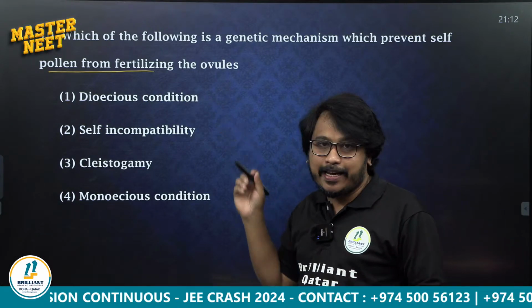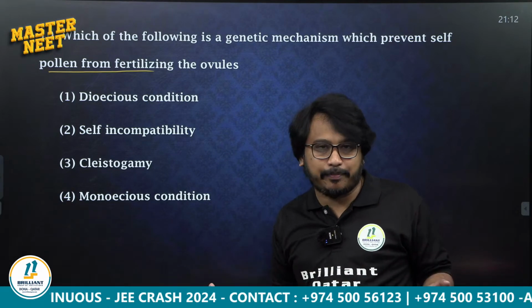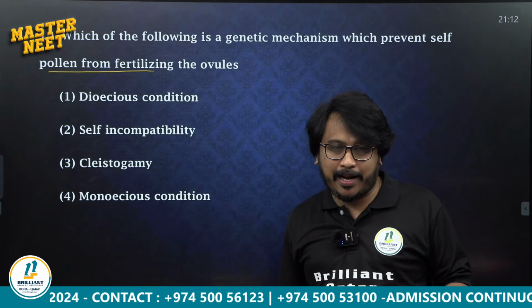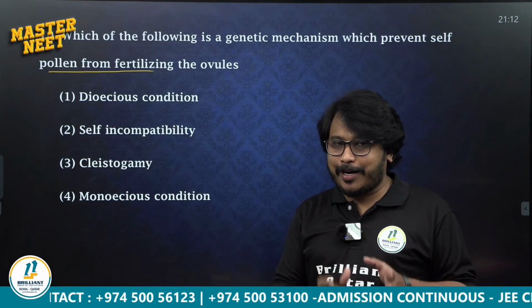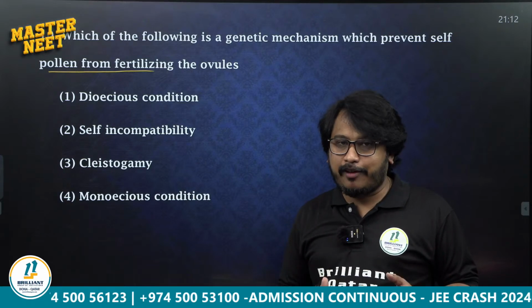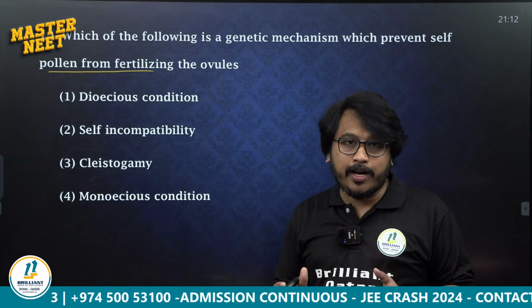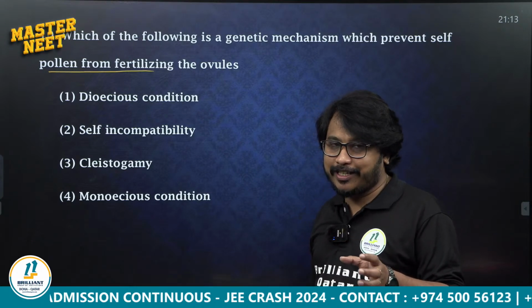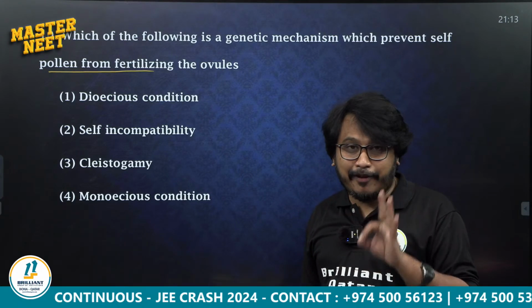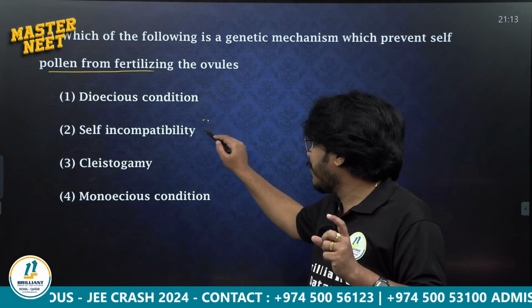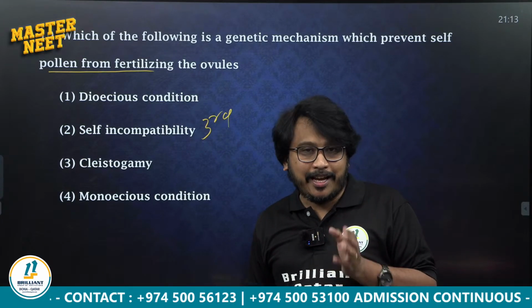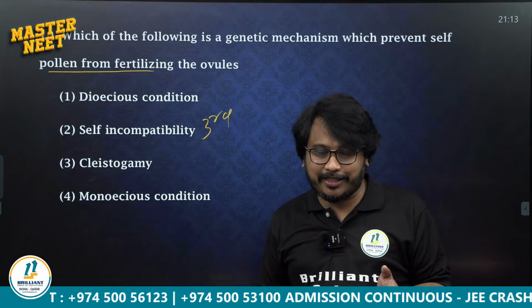Dioecious condition means sexes are separate. That means male flower on one plant, female flower on another plant, like papaya. There you should understand there is no chance of self-pollination. There xenogamy is compulsory. Then the second one, self-incompatibility, is the third outbreeding device in cross-pollinating plants to prevent self-pollination.